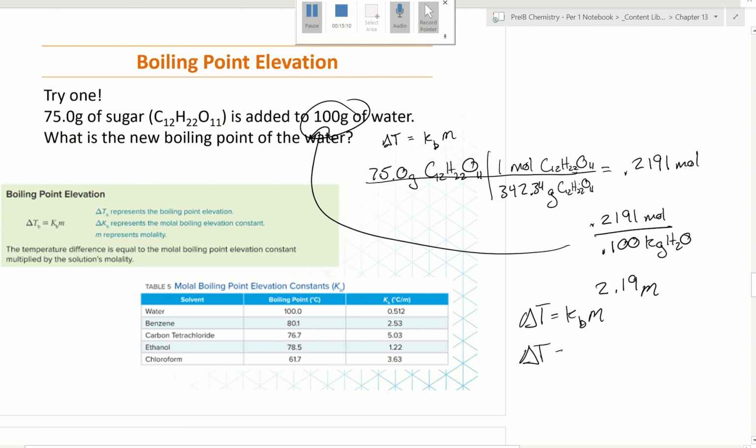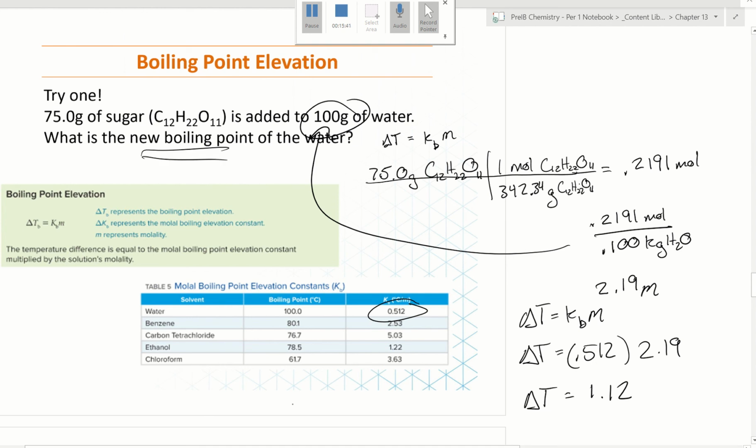So delta T is equal to the K sub B of water is 0.512 times 2.19, and I get delta T equals 1.12. All right, so that is delta T, but it's not the new boiling point.